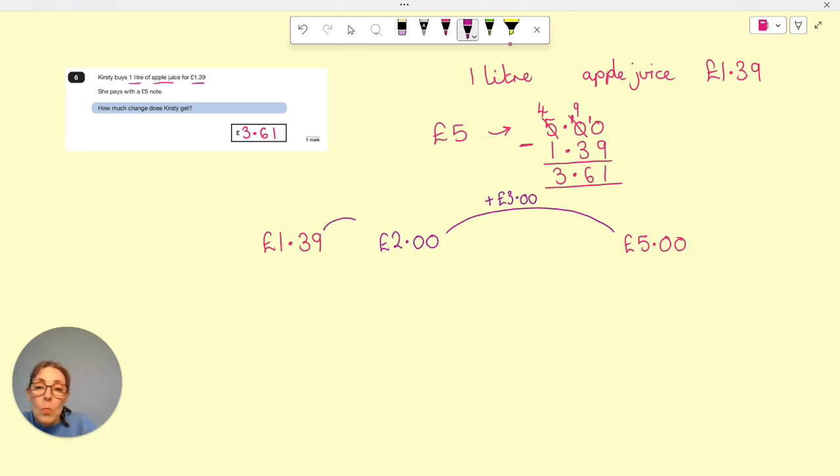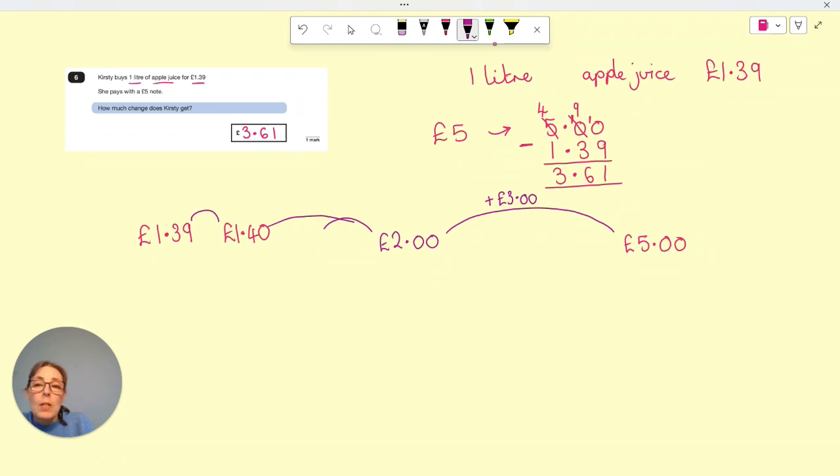So I've got to work out what this bit is. So I might even, if I need to, put another part of it in. So £1.39. I might then put £1.40 here and make it a little bit easier again.